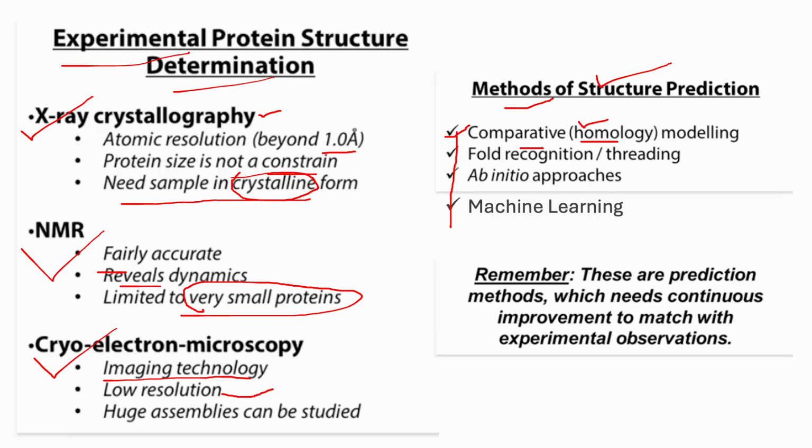What about fold recognition or threading? Fold recognition and threading is appropriate when a protein sequence has no clear homology in the database.